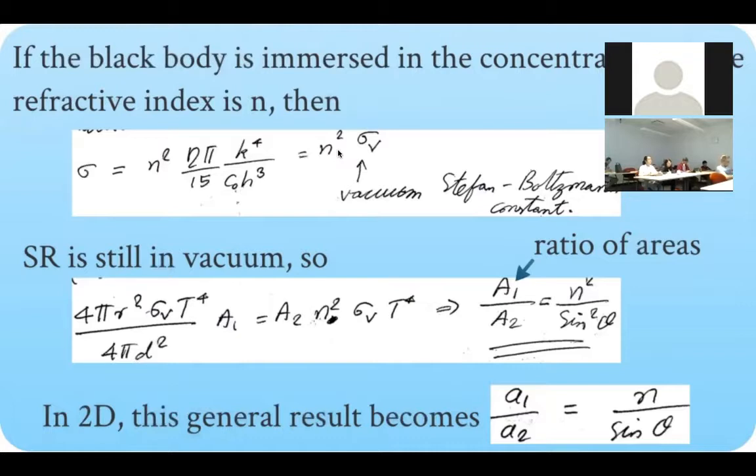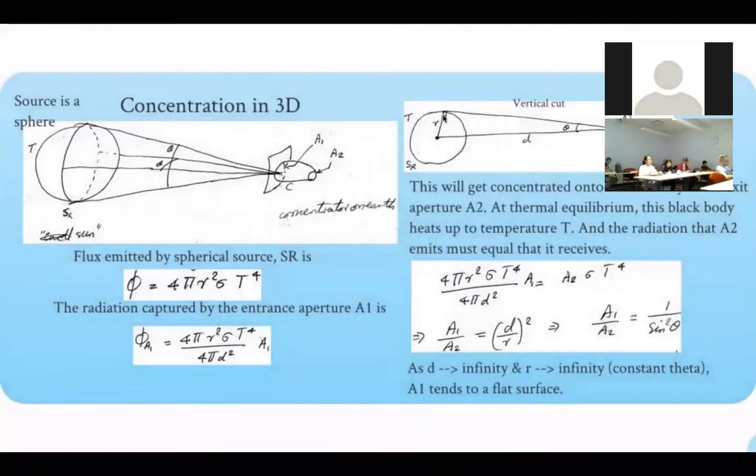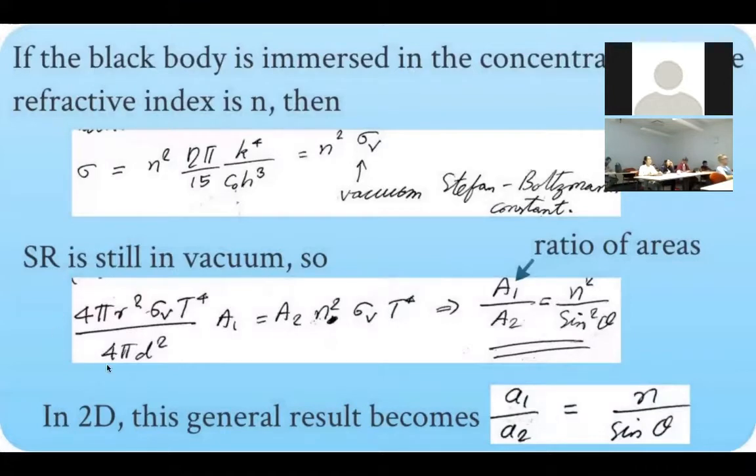Now, what's different in this situation is that, remember, the source is still immersed in vacuum. The black body of the receiver, or the solar cell, is now immersed in some refractive index n. So there is an asymmetry, which results in this expression, the same equation as before, where the flux emitted by the source is sigma v, the vacuum Stefan-Boltzmann constant.